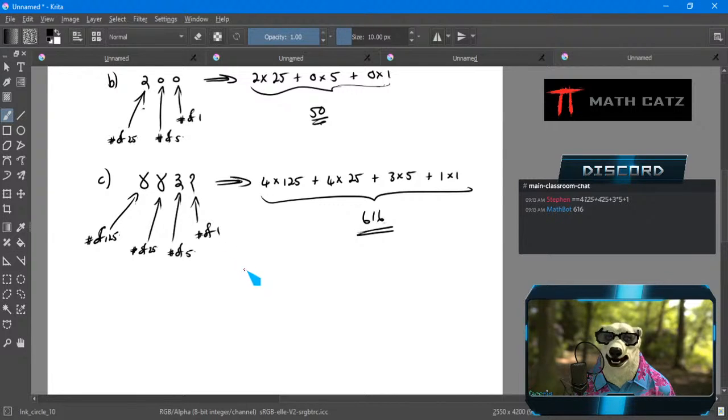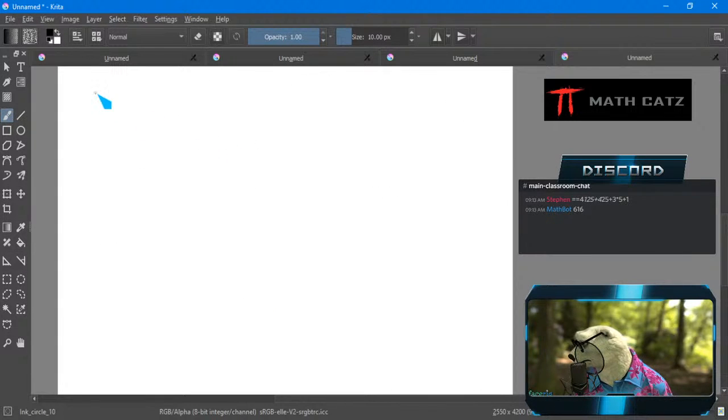Counting in fives. And then I have one more, number 4. It's a little bit packed full of stuff today, but that's okay.